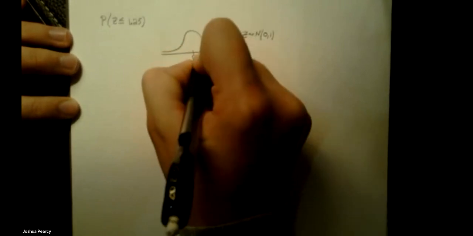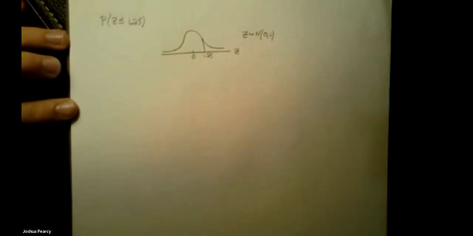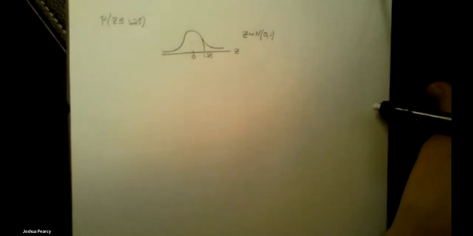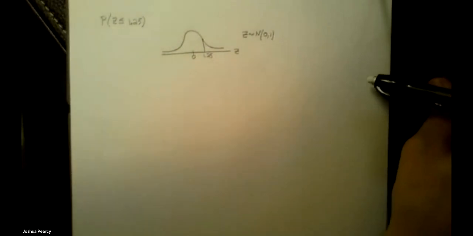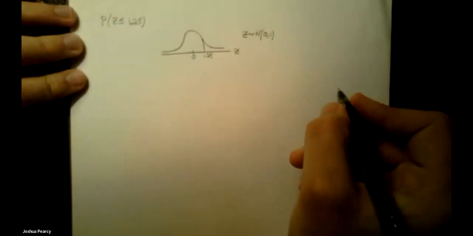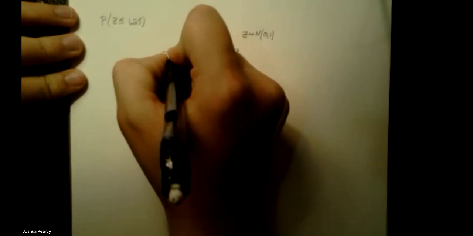So we can say that 1.25 is probably right around here. And then what area are we interested in this case? The area to the left or the area to the right? Yes, the left is correct. So we're looking at the probability of z being less than this. So that's the area over here to the left.